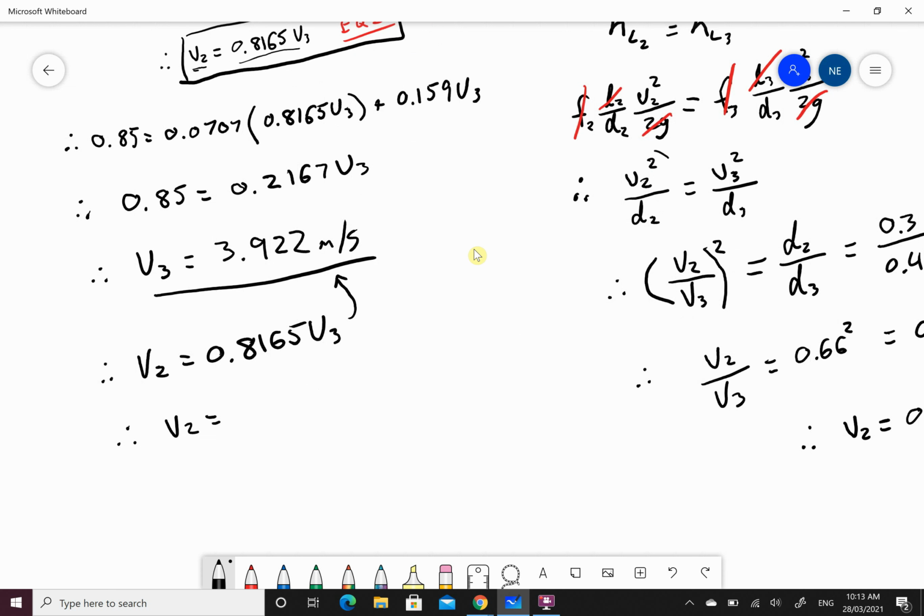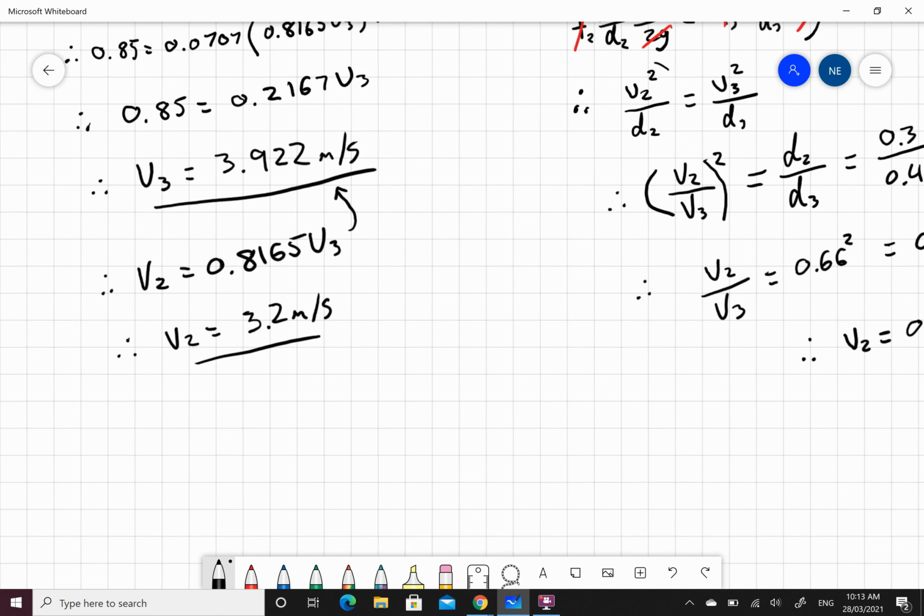V2 equals roughly 3.2 meters per second. Just from rearranging, creating new equations and subbing in, we've just solved V2 and V3. So just solved two unknowns.